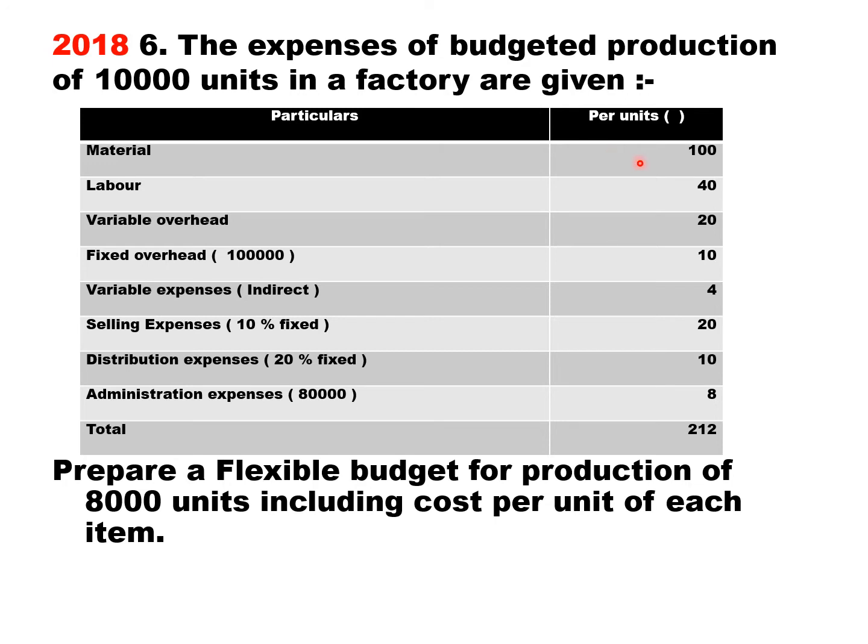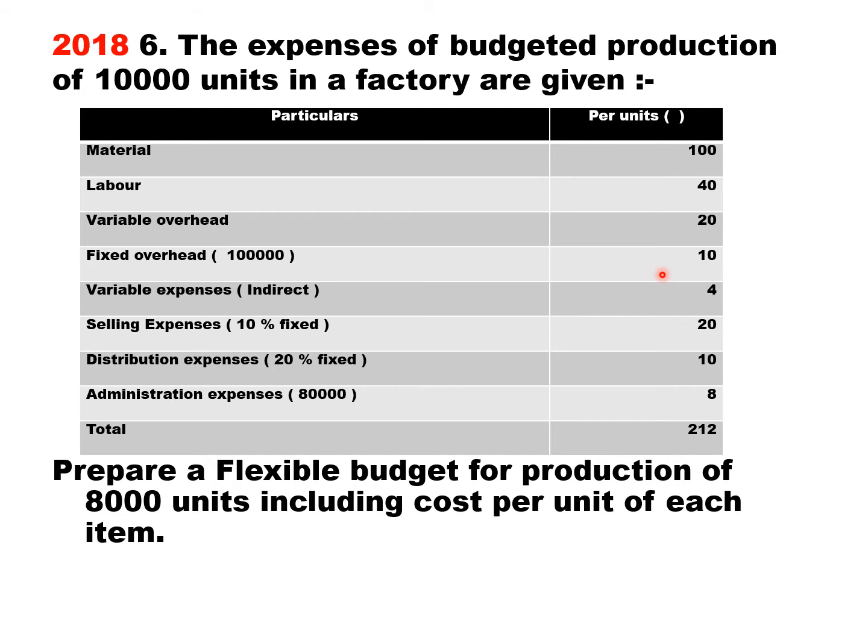Material 100 rupee per unit variable, labor 40 rupee per unit variable, variable overhead 10 rupee per unit variable, fixed overhead 10 rupees per unit. But in case of fixed we are supposed to look into total.